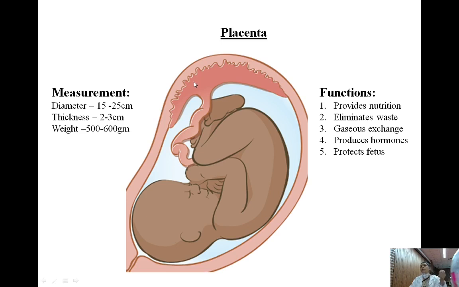And also it helps in the development of the mammary gland during pregnancy, as well as after pregnancy. That is not by the placenta, because at birth the placenta will be delivered. Usually 30 minutes after the delivery of the baby, the placenta is delivered. So that is about the placenta.